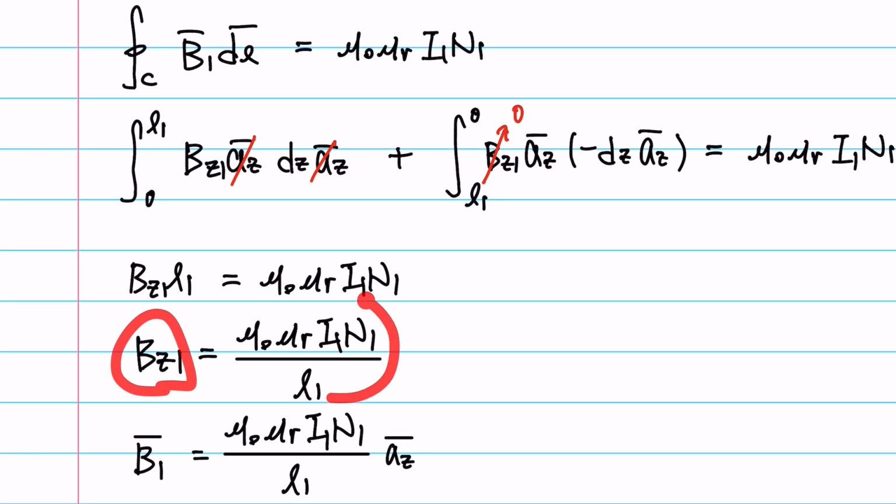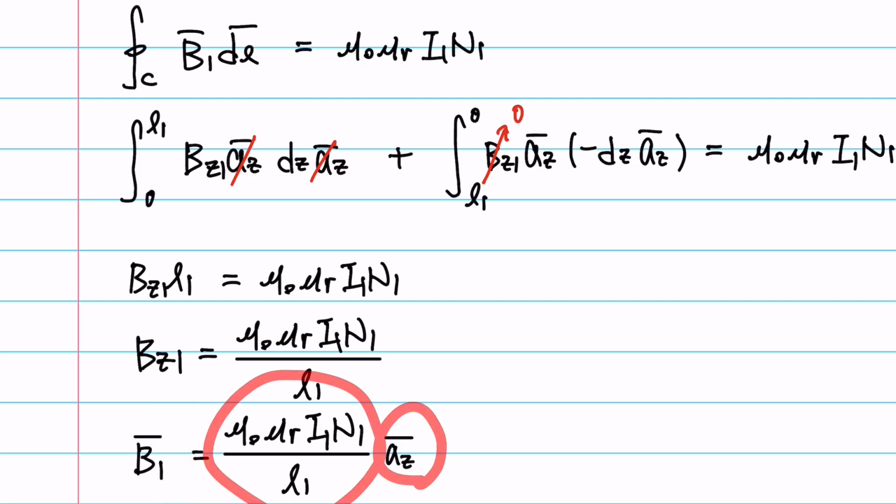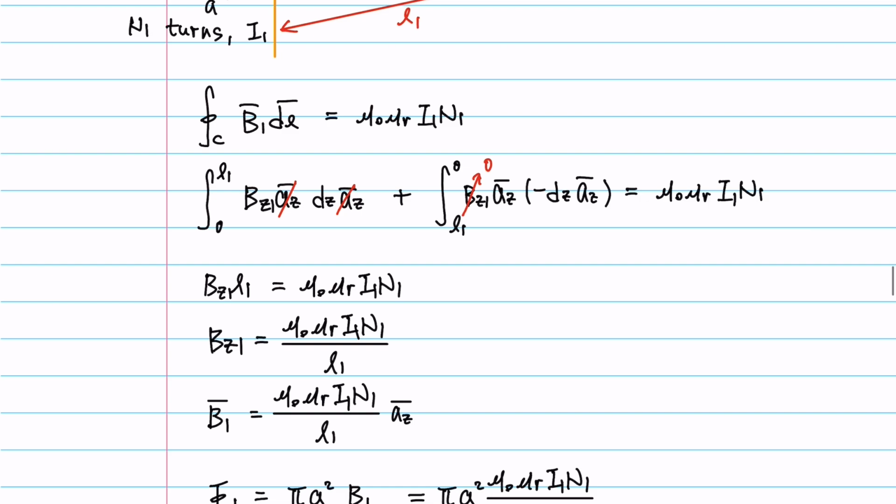So BZ is this, and the B vector, the number 1 induced by the current number 1, is going to be this times AZ. Once you've figured out that current magnetic flux density, we need to figure out what the magnetic flux is.